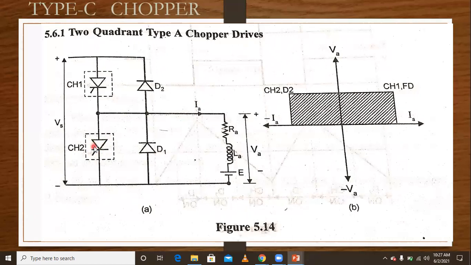When chopper CH2 is triggered, the DC motor acts as a generator, and the armature current IA increases due to the energy stored in the armature inductance.